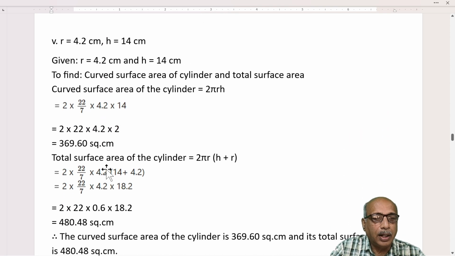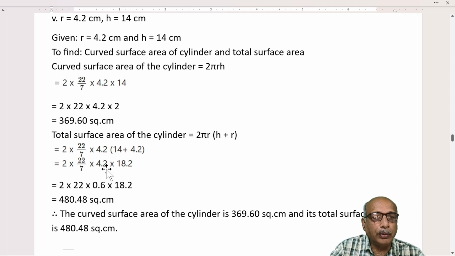Fifth, r equals 4.2 centimeter, h equals 14 centimeter. Again, we have to find the curved surface area of the cylinder. The formula is 2 pi r h. Substitute the values and calculate, you will get 369.60 square centimeter.